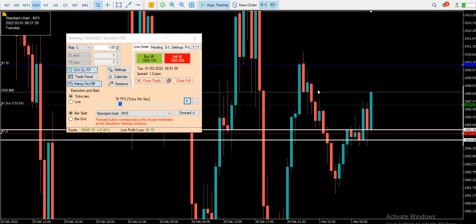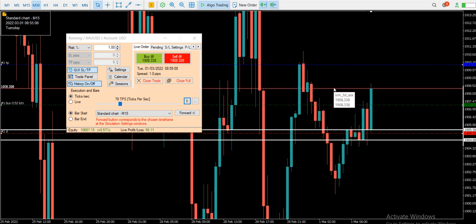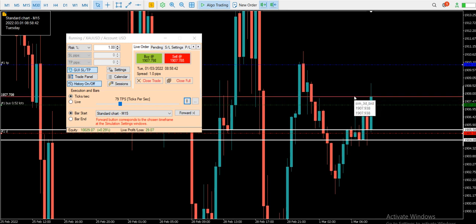Okay, we are good. Price may react to this zone. It may come down, retest this level, and then maybe continue pushing up. That's what I believe. But all we can do is just wait. It seems like we are rejecting.